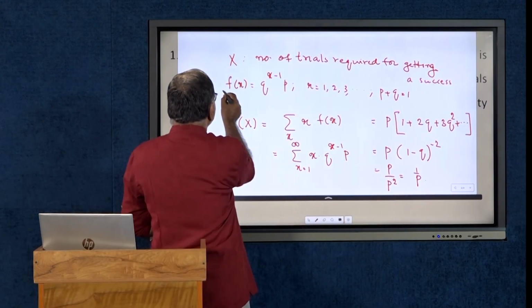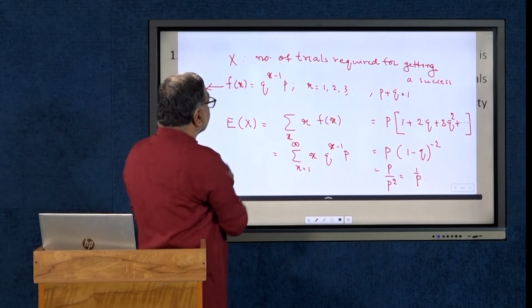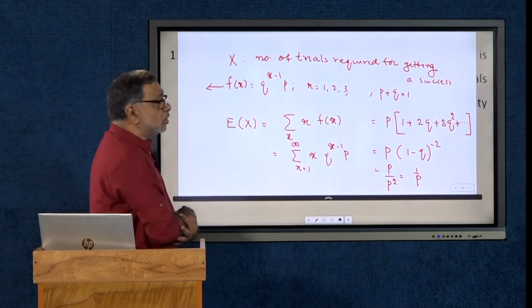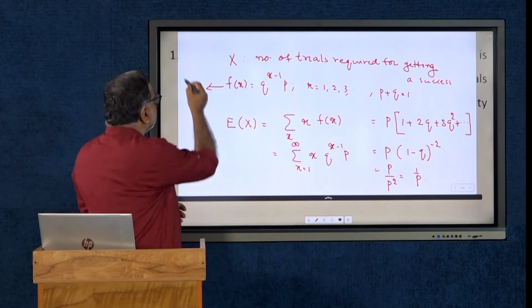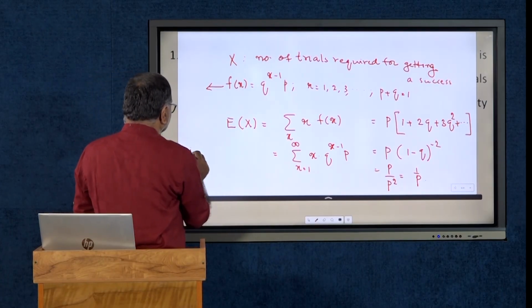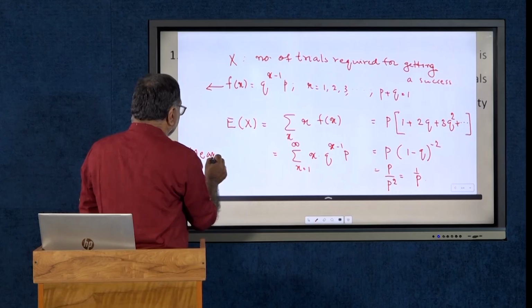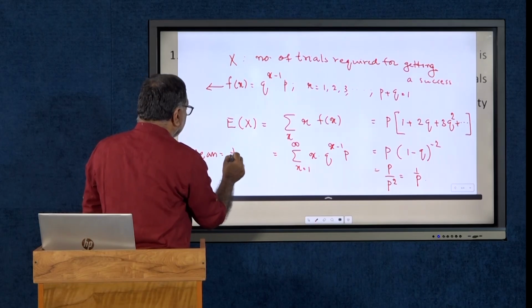So for this random variable having the probability mass function q power x minus 1 into p, the mean is equal to 1 by p.